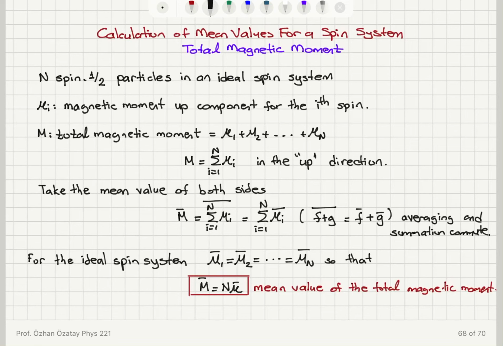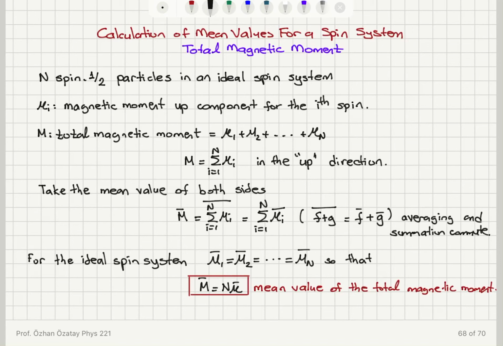So the average value of the total magnetic moment would be 0 in that case. But if there is an external magnetic field, there would be a net up moment if the external field is up. So the total magnetic moment is the sum of all the up components of the magnetic moments.